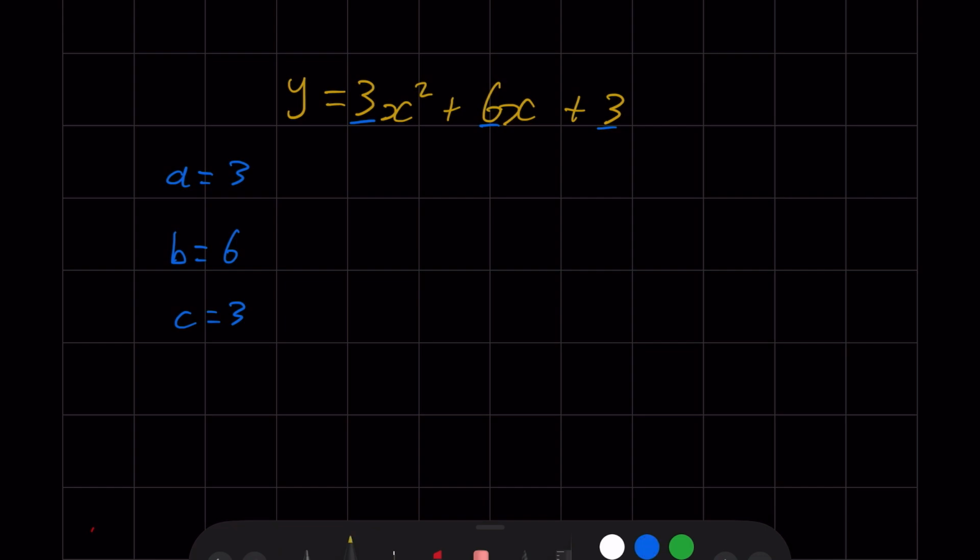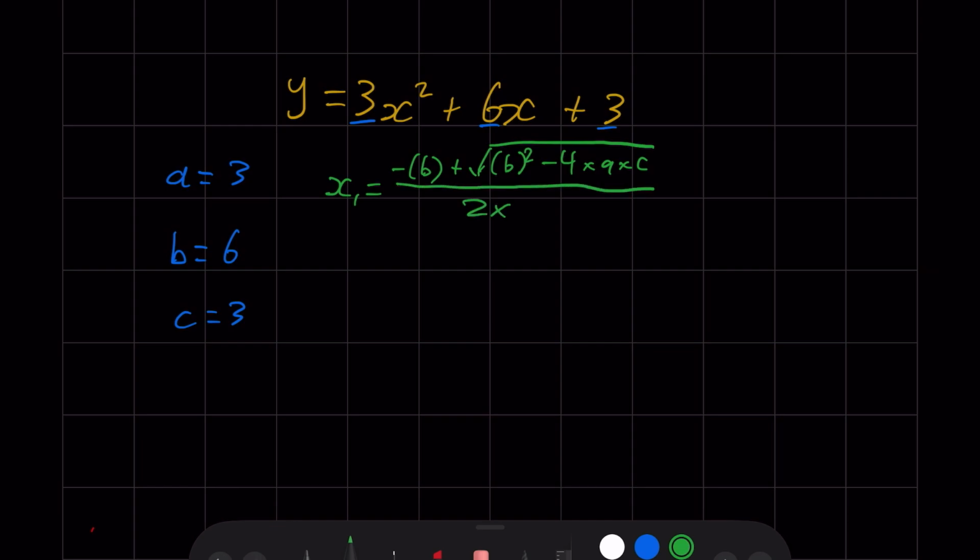So now we shall go with x1 equals negative b plus the square root of b squared minus 4 times a times c. All of that is over 2 times a.